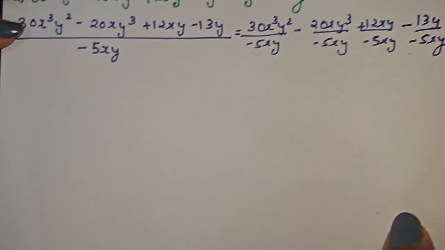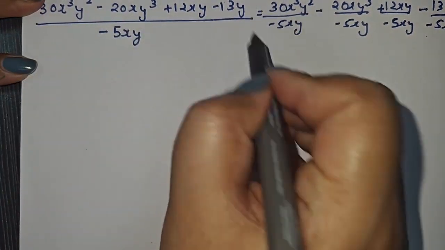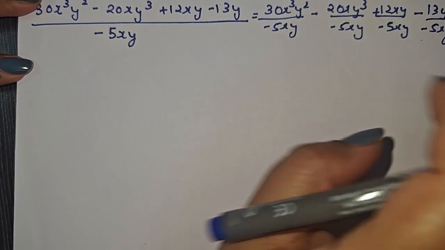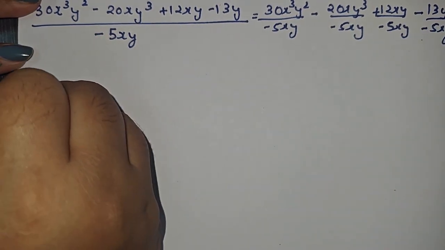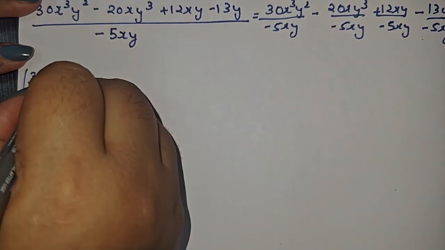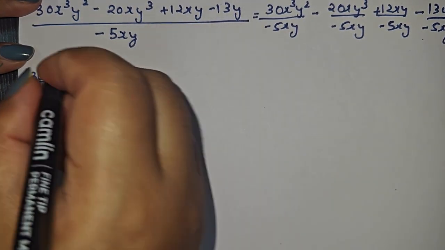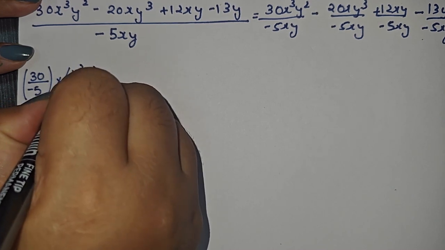Okay. Now let's start solving as a monomial. First of all this one. So constant separately we have 30 upon minus 5, into x^3y^2 upon xy.